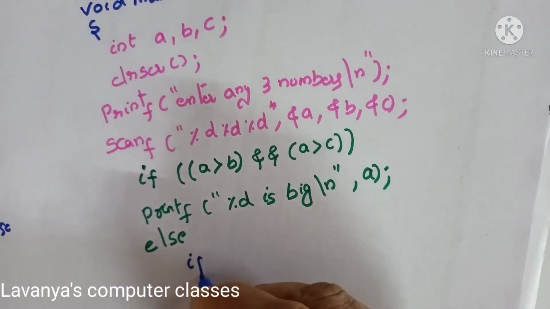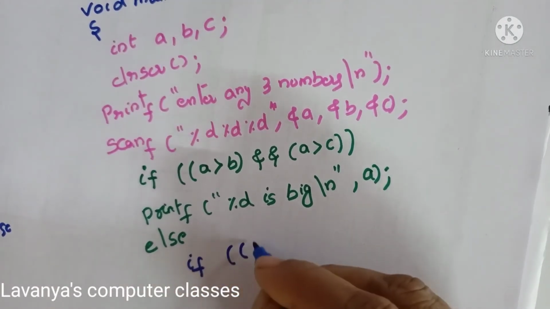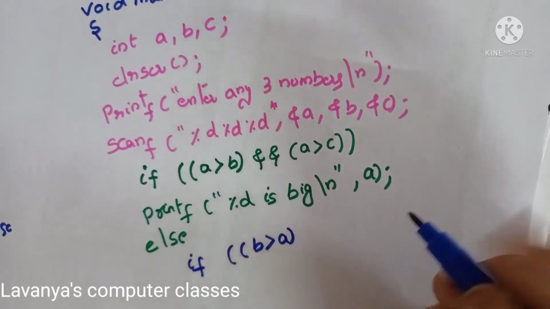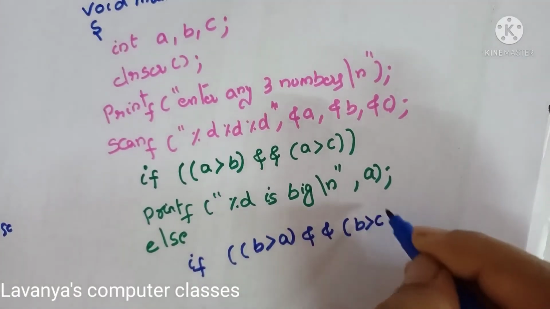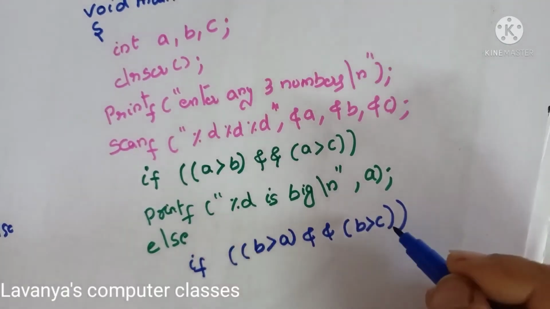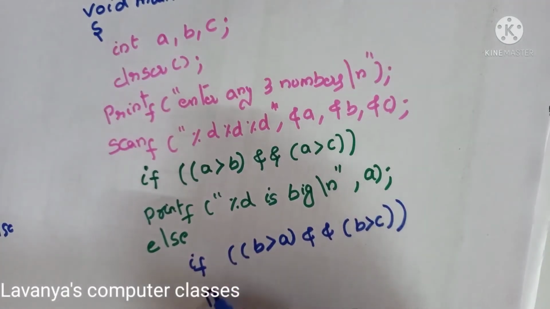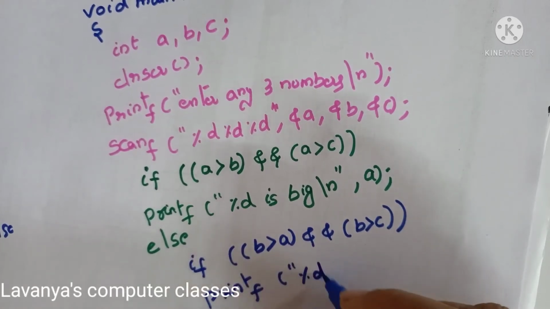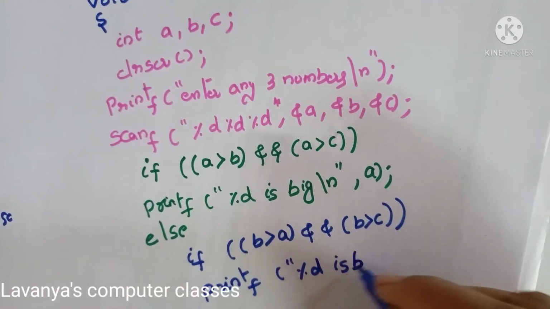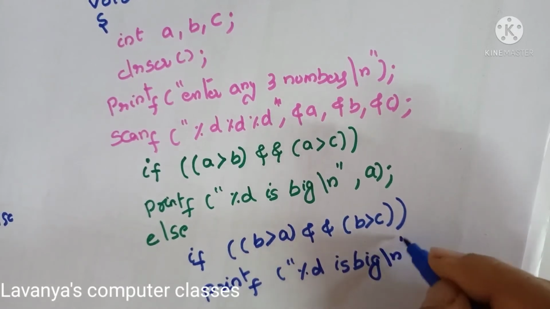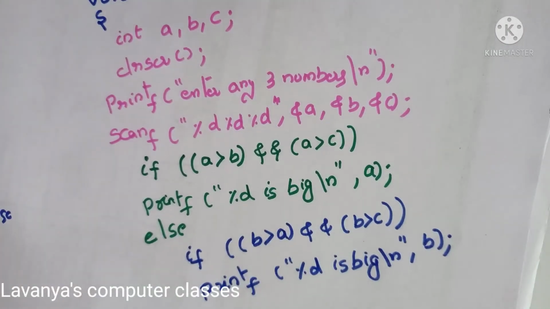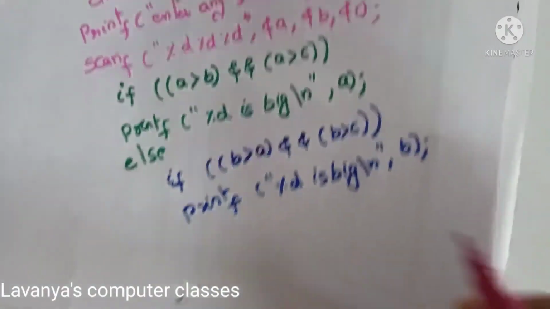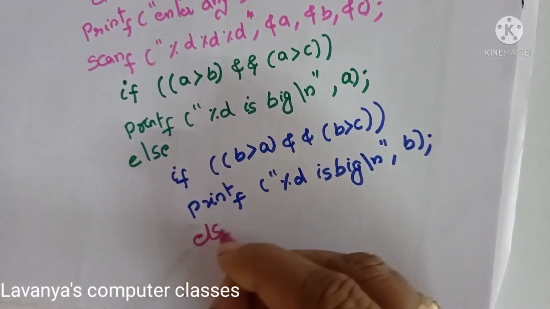Now we'll go for the second statement. If A is not big, then check it with B. B greater than A and B greater than C. That means if B is big, then we keep the heading printf "%d is big". Which one is it? It is b. Else, A is not big, B is not big means directly go to the else part.